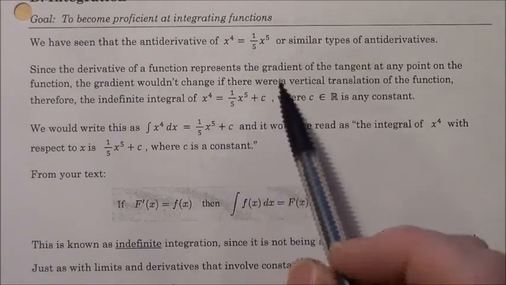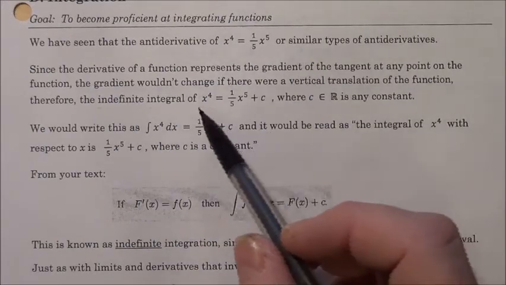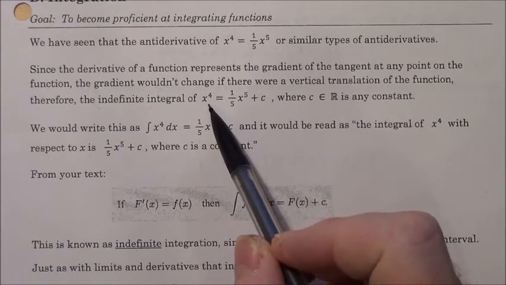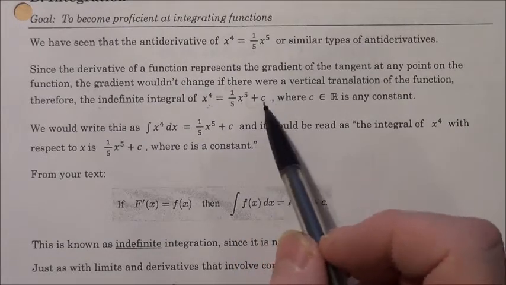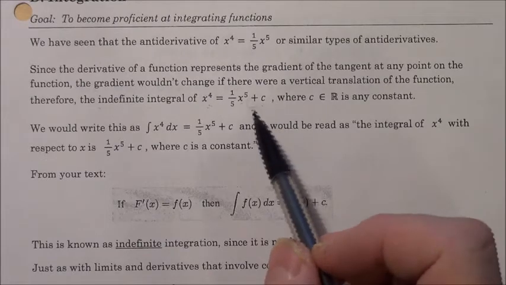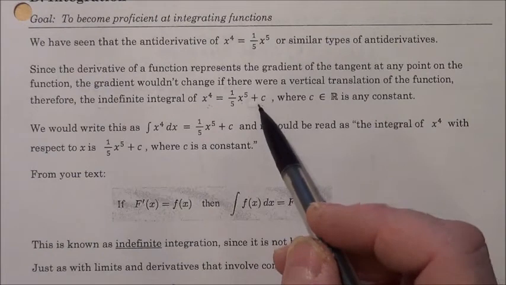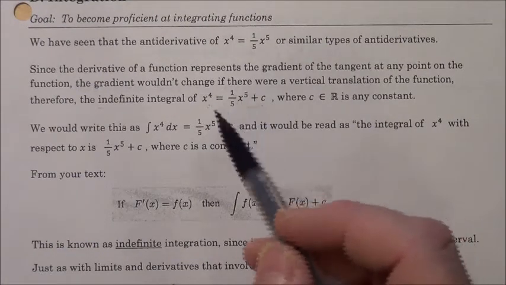So for an indefinite integral, the integral of x to the power 4, which is 1 over 5 x to the power 5, we add a c there because it can move up and down. It can be vertically shifted up or down by some value c without actually changing the gradient.